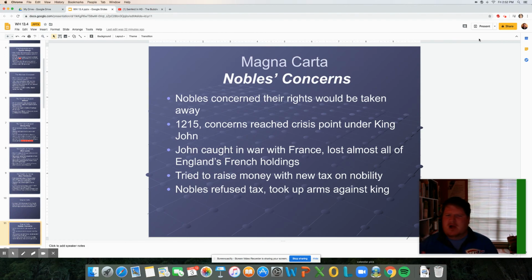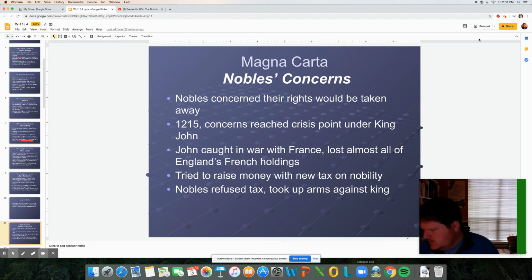John was caught in a war with France. This caused a lot of problems for England's French holdings, and so he's trying to get this war taken care of. He's trying to go get these lands, but he needs funding. Well, how do you support your soldiers and get them the resources they need? Well, you tax the people. Well, you tax the nobles.